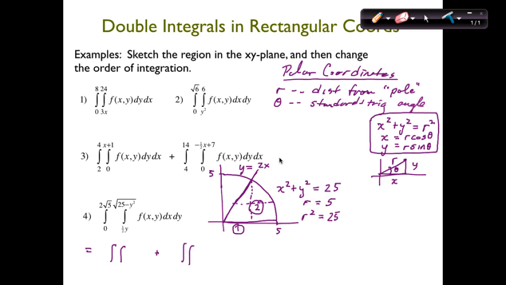And that means that angle is arctan of 2, right?